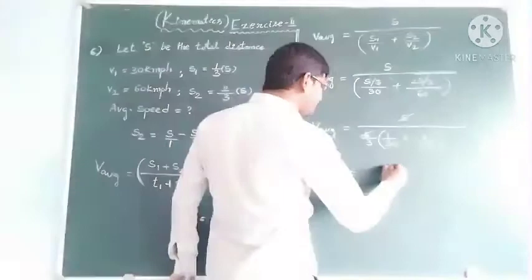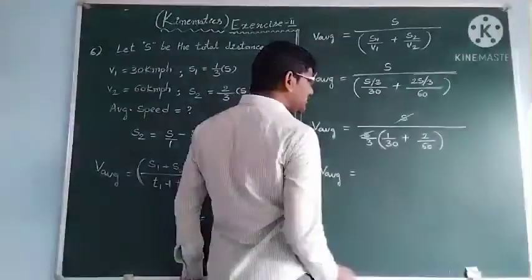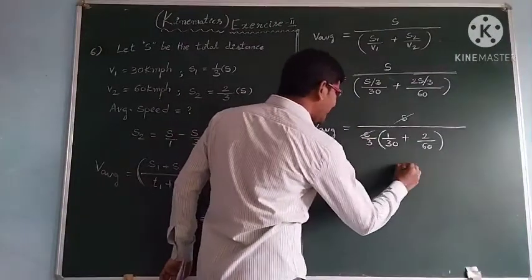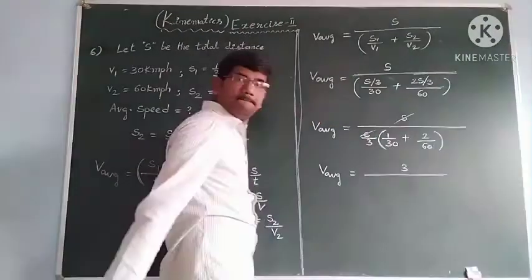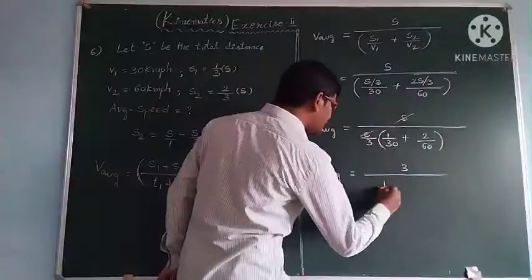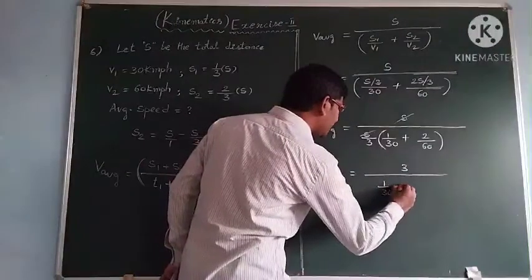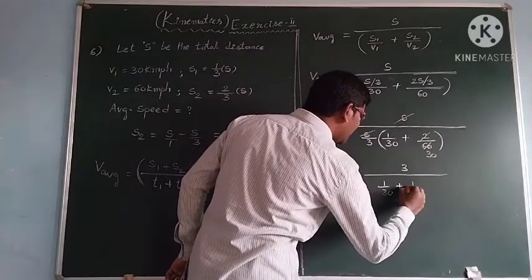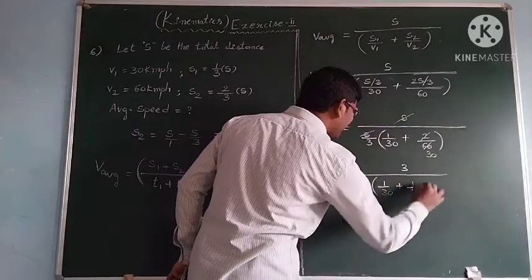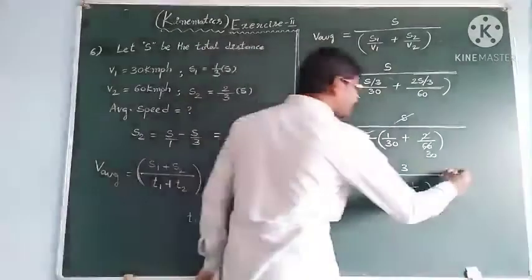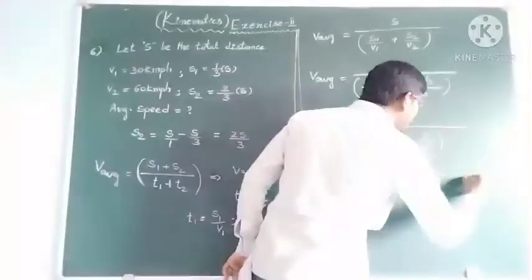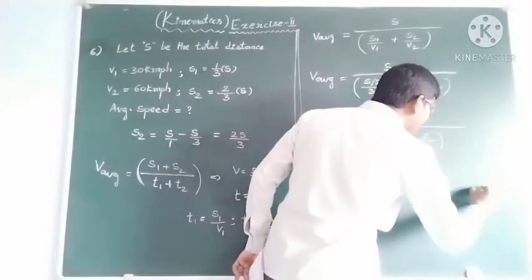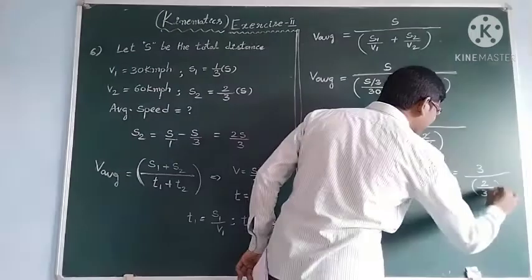Then V average is equal to 3 by, taking the 3 upward, 1 by 30 plus, the 2s get cancelled, again 1 by 30. Then 3 by 1 by 30 plus 1 by 30, you will have 2 by 30.